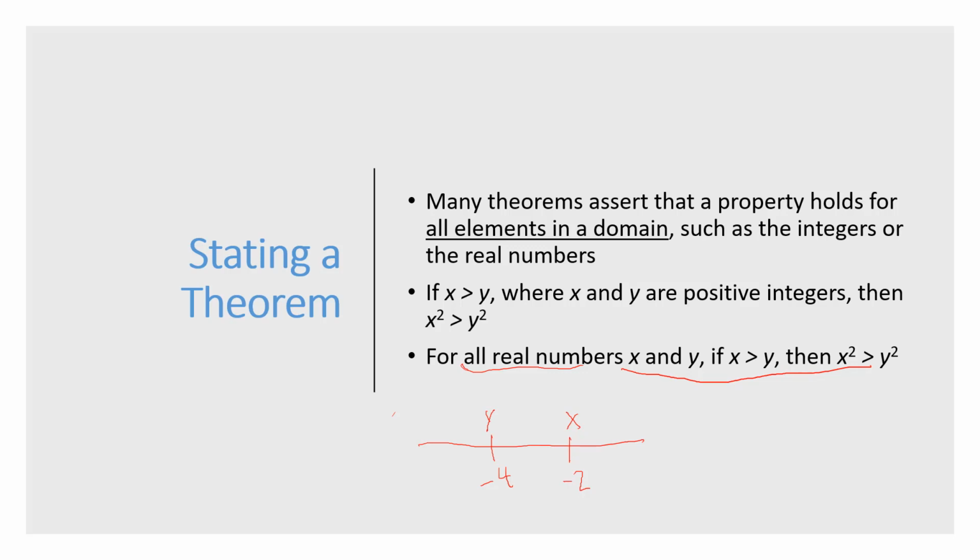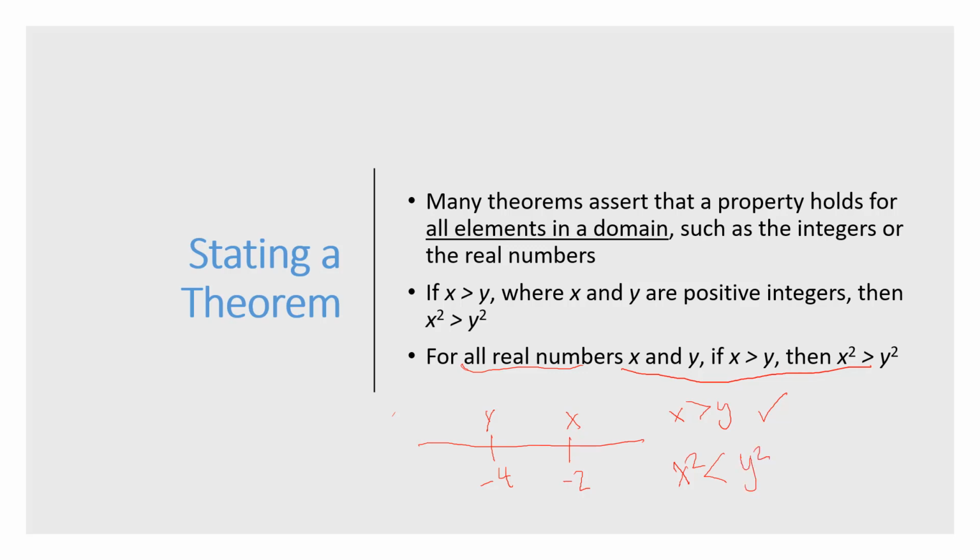We know that -2 is greater than -4, so we know x greater than y is true. But if you take x squared, which happens to be 4, it's less than y squared, which happens to be 16.